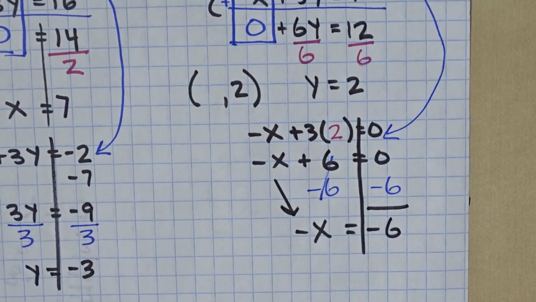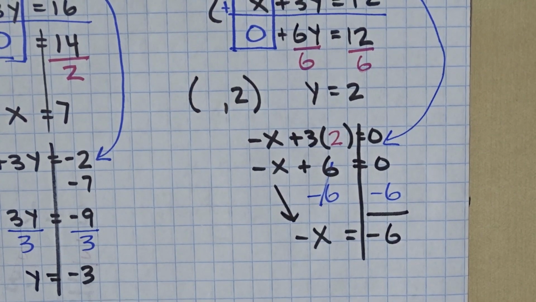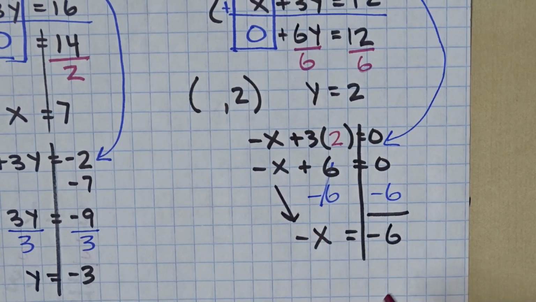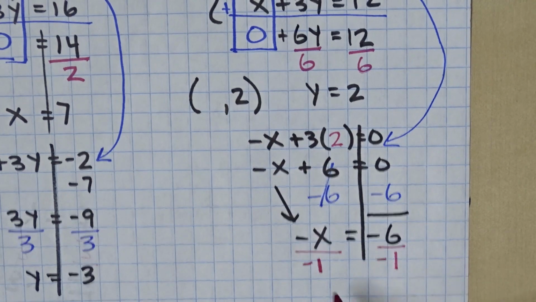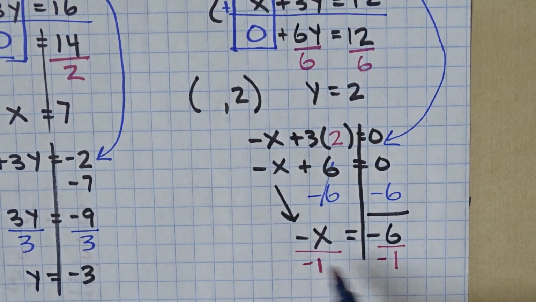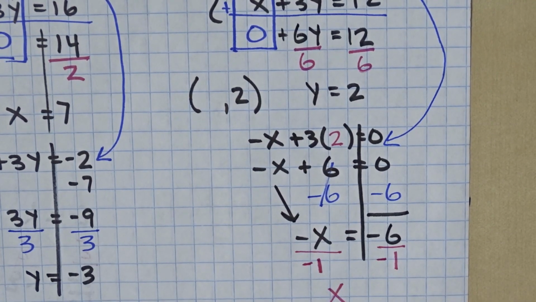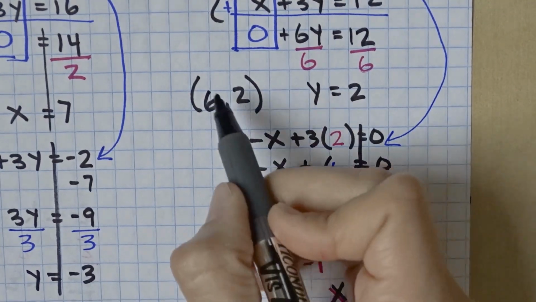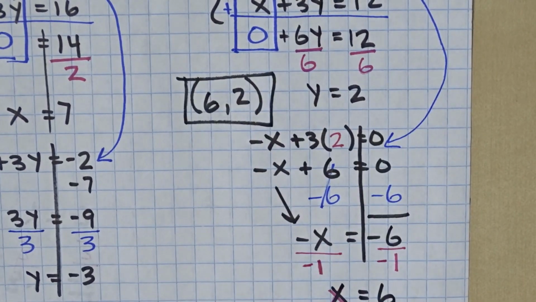That's negative x. And I want positive x. So what I got to do is, I know this is an invisible negative 1 being multiplied. So I'm going to divide by negative 1 in the inverse operation. Negative divided by negative is positive x. And negative divided by negative is positive 6. And so that's my solution. 6, 2.